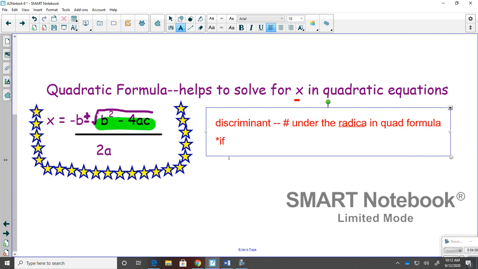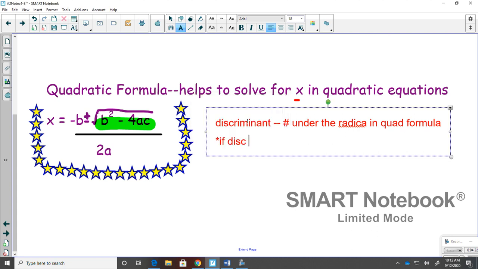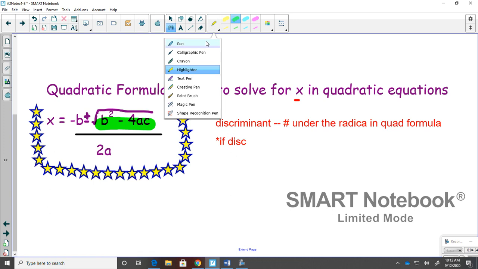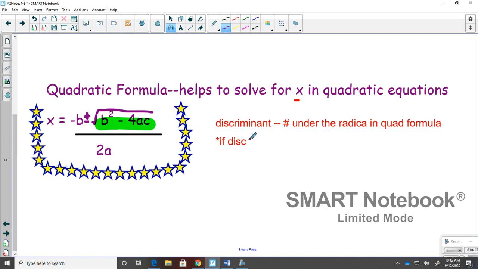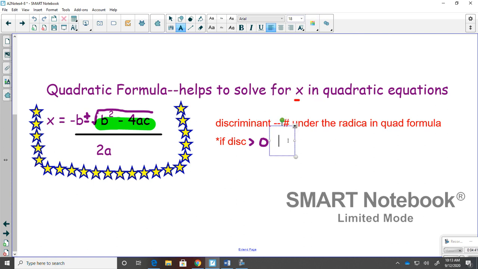If the discriminant is greater than 0, basically if the discriminant is positive, then you're going to end up getting 2 real solutions for the quadratic equation.